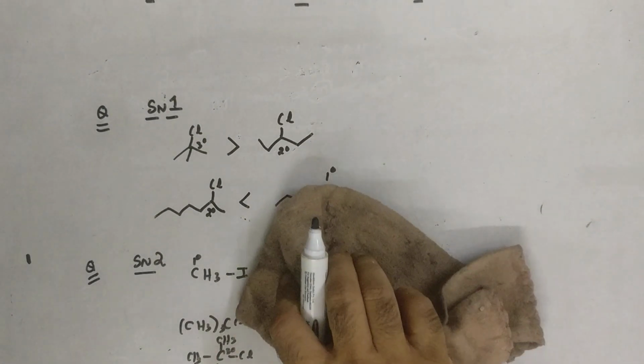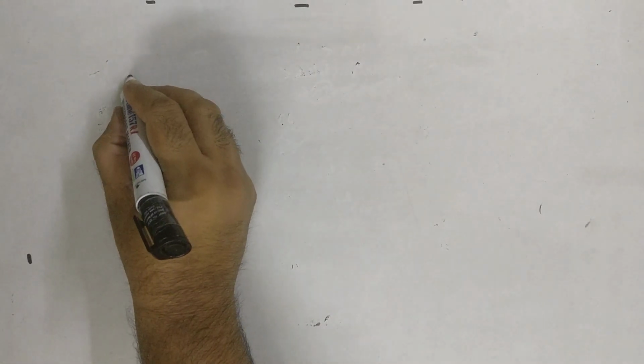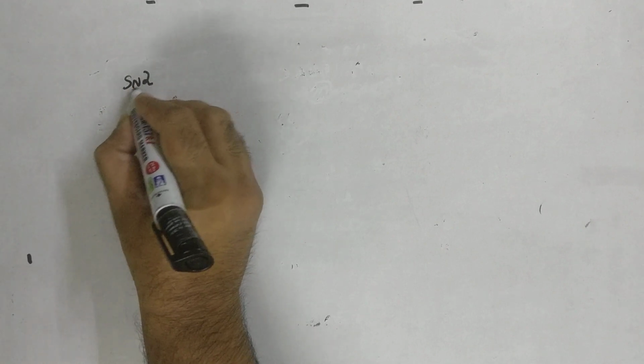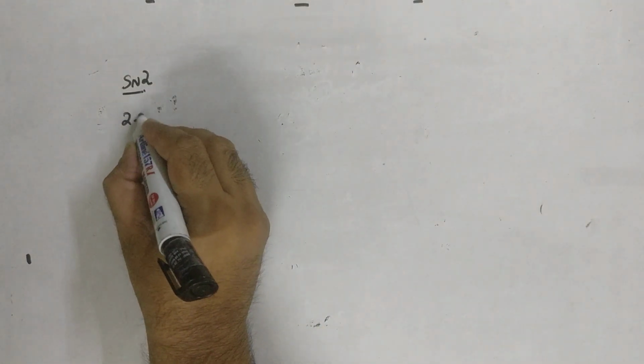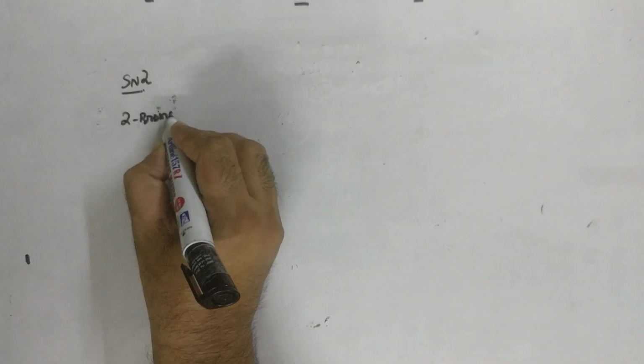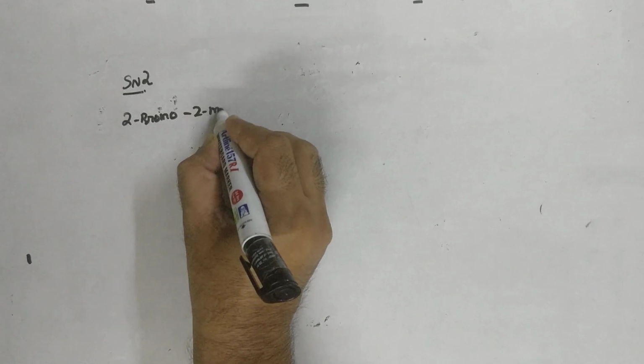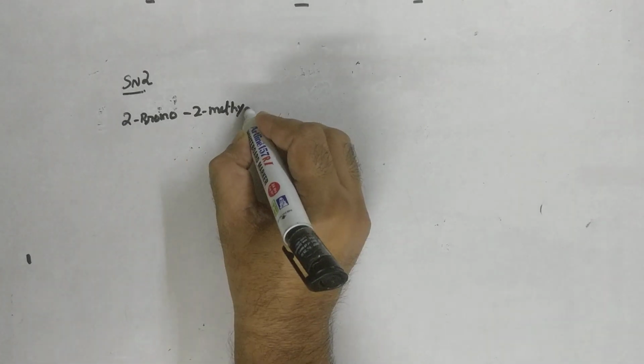Now let us discuss the last question on this SN1 and SN2 mechanism, again given in NCERT at the back. We have to again compare the reactivity towards the SN2 mechanism. What is the order? Primary, then secondary, then tertiary. The first compound given to us is 2-bromo-2-methylbutane.